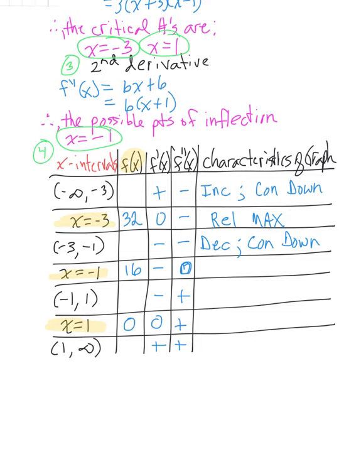Then, before we talk about what's here, because again, this is kind of different than what we had here. At this x value, we probably don't have a relative max or min because look here, I actually am decreasing. So we have to look to see what's coming on either side of this interval.